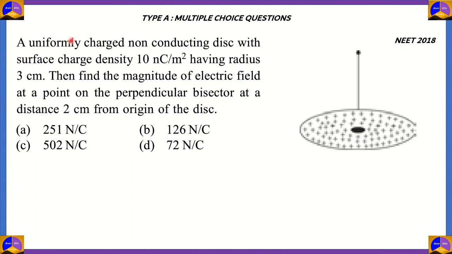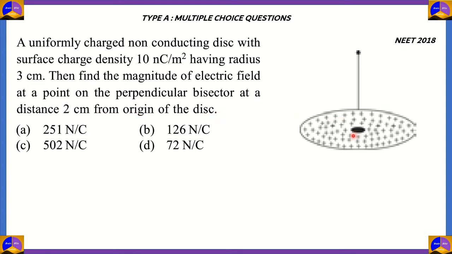Here's the first. A uniformly charged non-conducting disk with surface charge density 10 nanocoulomb per meter square having radius 3 centimeter. Then find the magnitude of electric field at a point on the perpendicular bisector at a distance of 2 centimeters from the origin of the disk.